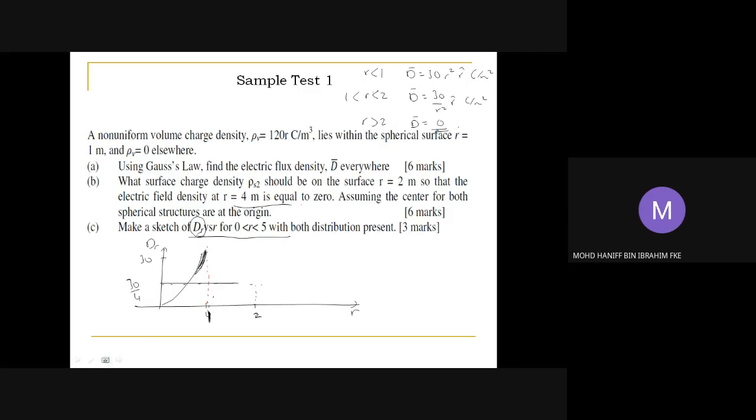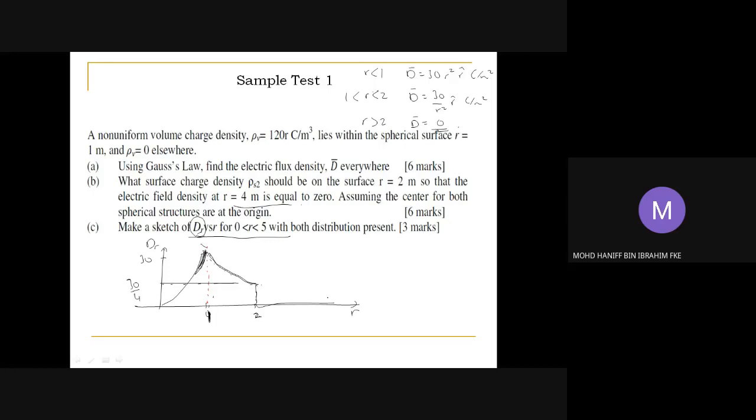So we're going to have a graph which reduces like this, using a curve like this. Afterwards, for r bigger than 2, D will be 0, so abruptly it will move to 0 straight away like this. So that should be how your graph looks.